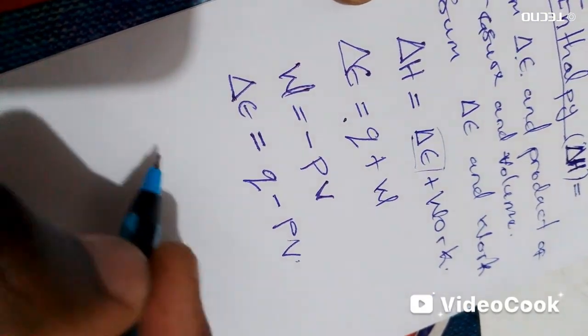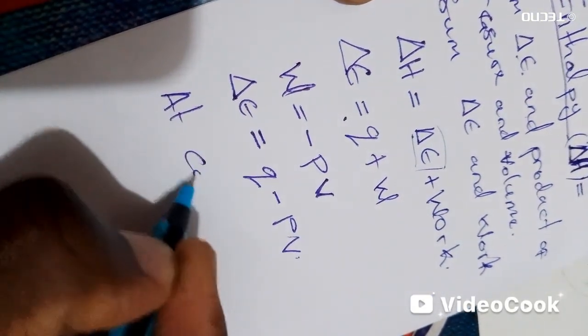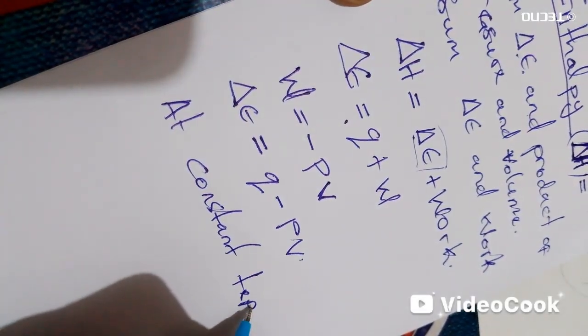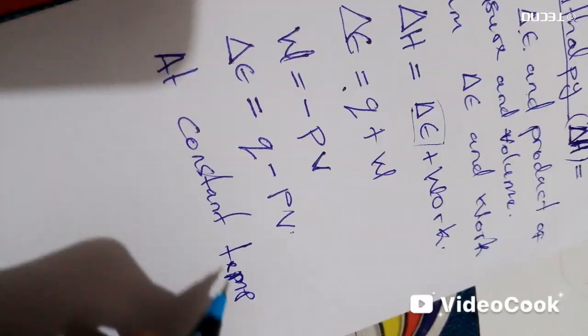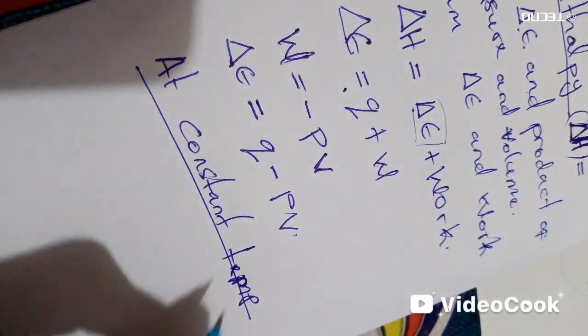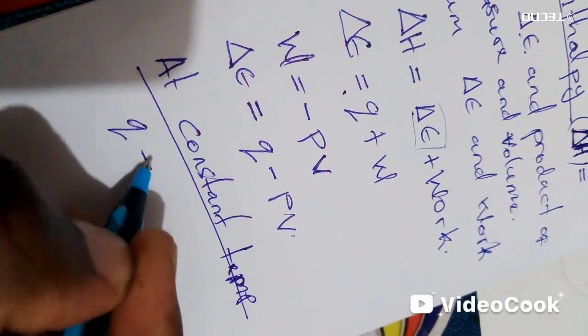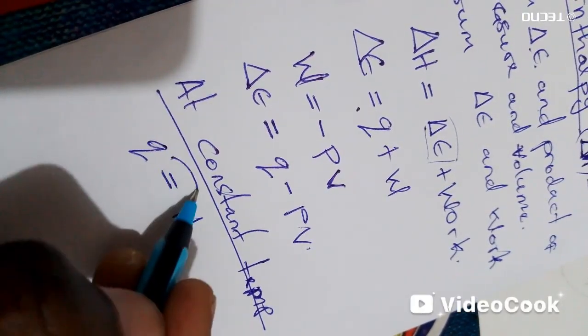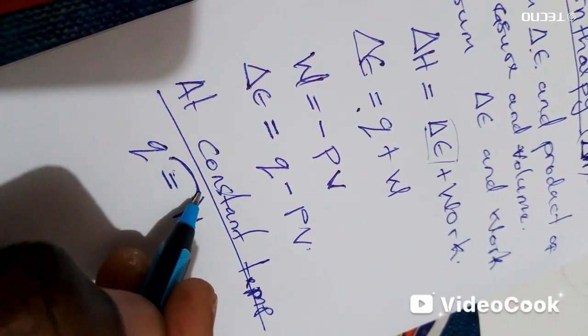So at constant pressure, we say that Q is equal to H. So sometimes enthalpy is just heat.